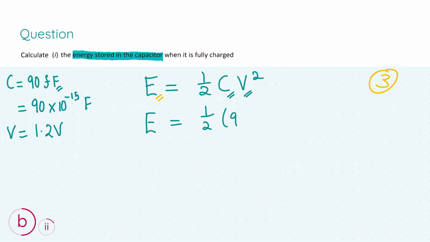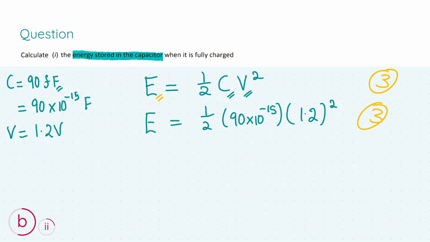Now, substituting everything in is very, very important in physics. I'd always recommend you substitute your values into your formula before you calculate the answer. Don't just skip from the formula directly to the answer, because you actually pick up marks in this particular question for substituting in your variables. So you'll get 3 marks for substituting into the formula.